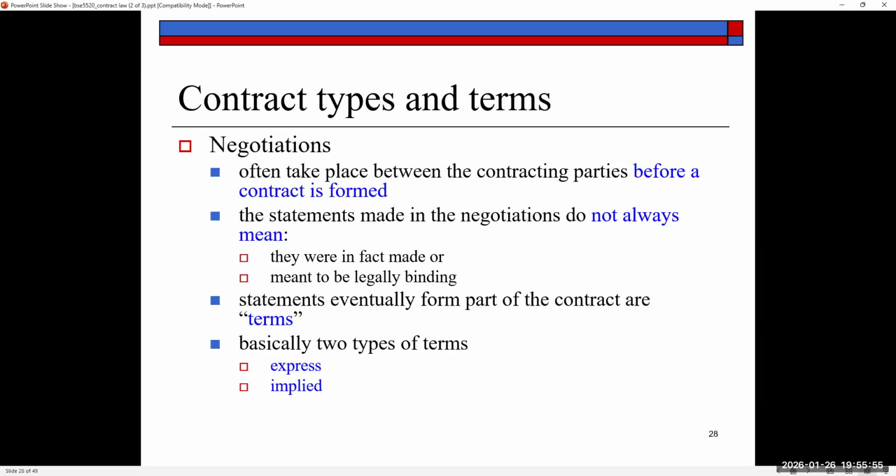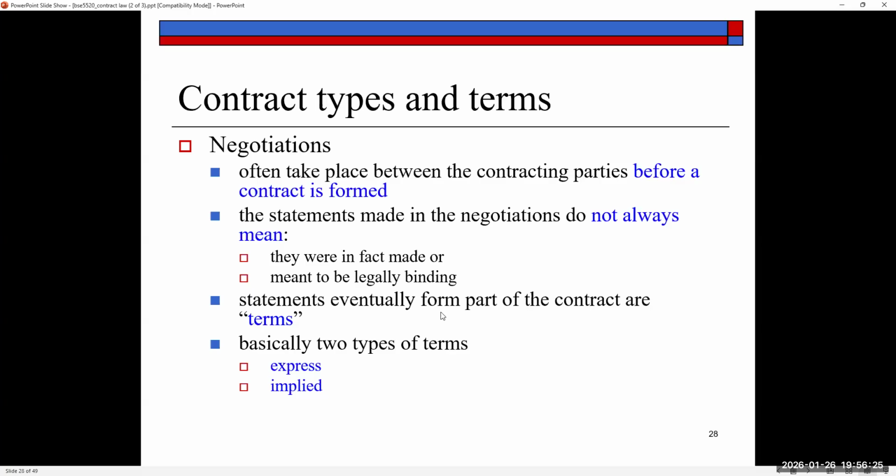Okay, 0.995 million. Then this kind of negotiation may go on several times. Not only about the price, maybe about the scope of work as well. But all these things may or may not mean to be legally binding.